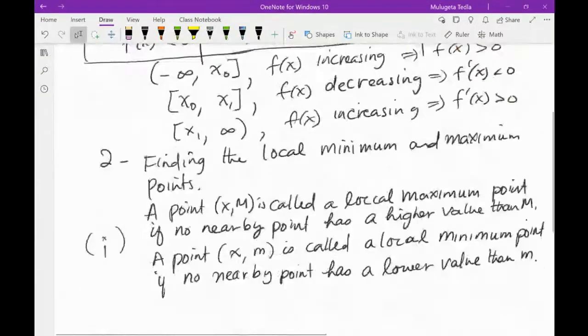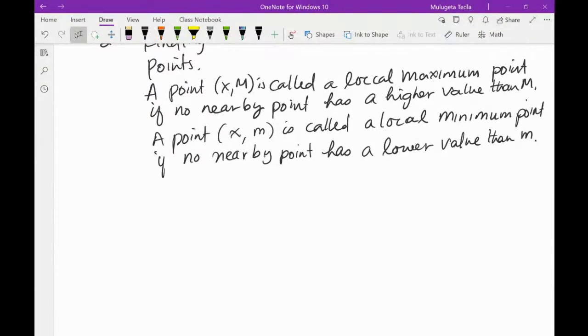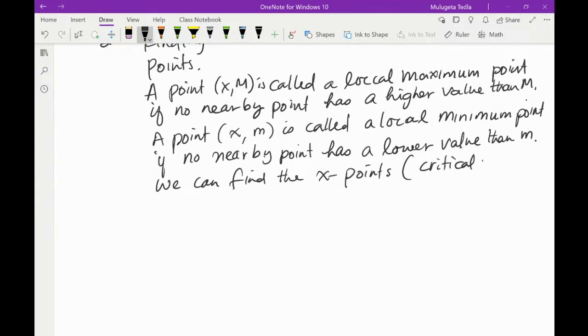So therefore, when we're trying to find the local minimum and local maximum points, we have to set the derivative equal to zero. Then we can find the x values, which I call critical numbers, only for the x values.